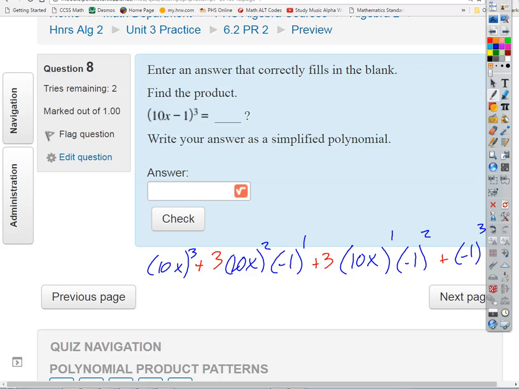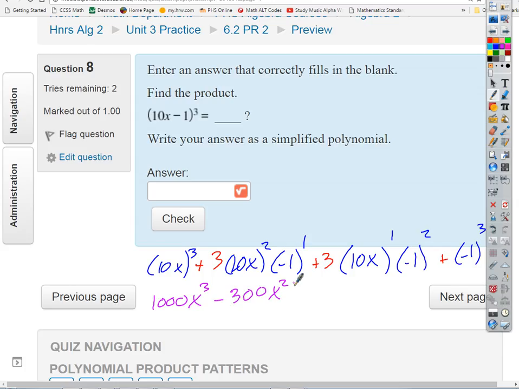And that's just going to give us, if we multiply all that out, what is the quantity 10x cubed? 1,000. Okay, good. 10 to the 3 times x to the 3, so it's 1,000x cubed. Here I'm going to get 10x quantity squared is 100x squared times 3 times negative 1, minus 300x squared.